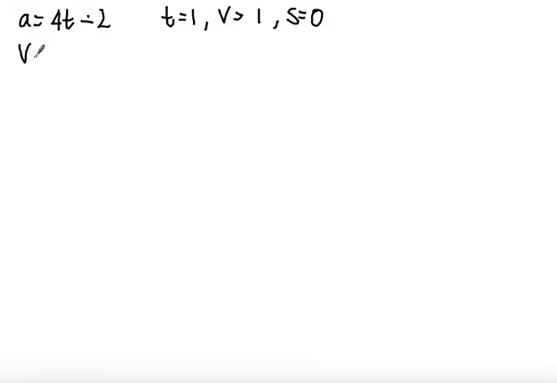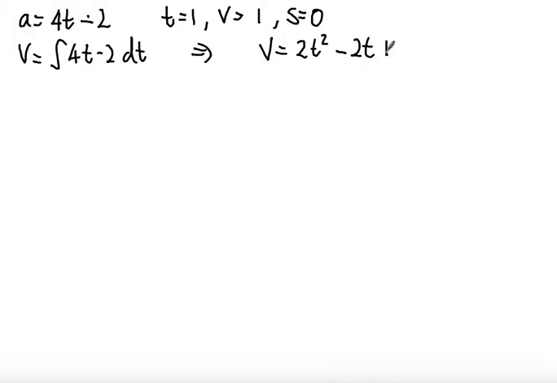So now to find the velocity, I'm going to integrate 4t minus 2 with respect to t. So we get the velocity, t integrates to t squared, divided by 2, so we get 2t squared. Integrate the 2 becomes 2t, and then plus the constant of integration. We're now going to find the constant of integration using v equals 1, t equals 1.